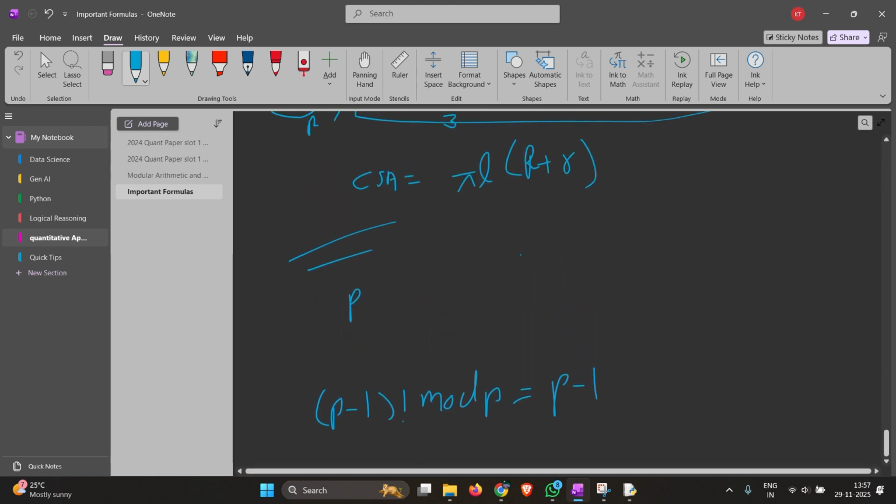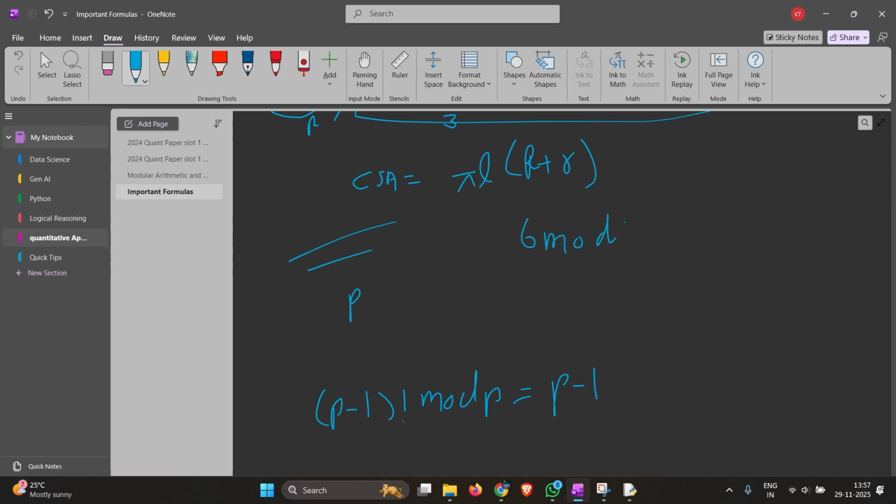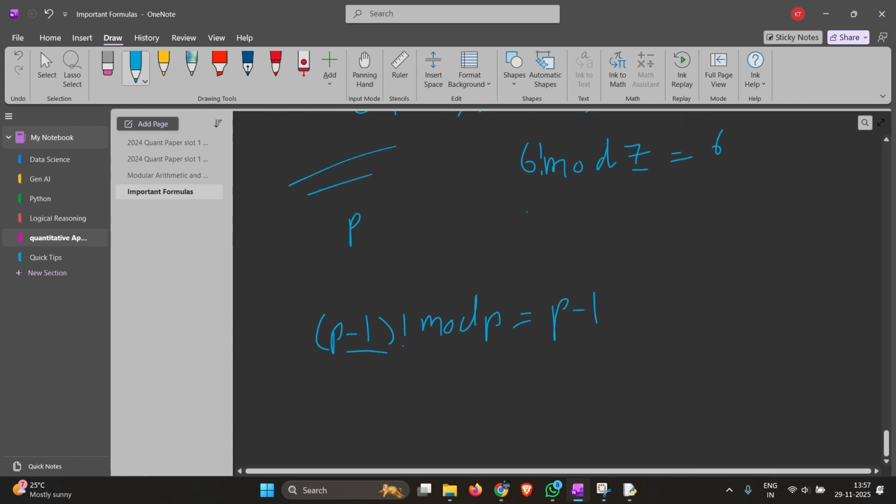For example, there will be questions where the number would be in hundreds, and you'll have to find if the number is prime or not. But if we have 6 factorial mod 7, since 7 is prime, we have (p minus 1) factorial mod p, which is nothing but 6.